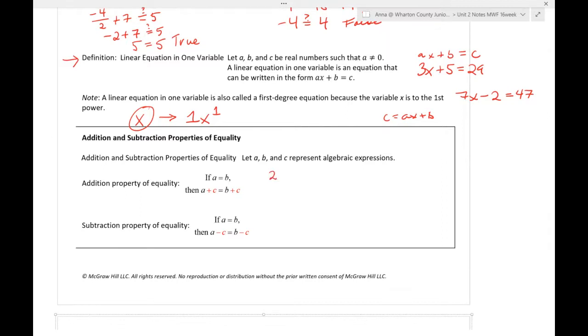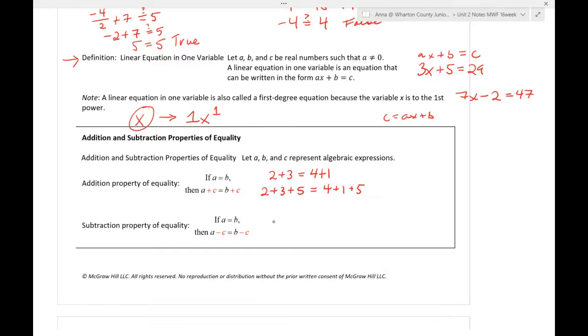Essentially, if I say 2 plus 3 equals 4 plus 1, this is true because both sides of the equation are equal to 5, so it's balanced. If I go ahead and take 2 plus 3 and add 5 to it, but I also add 5 to the other side, I've still kept this balance because now it's 10 equals 10. The same thing happens with subtraction.